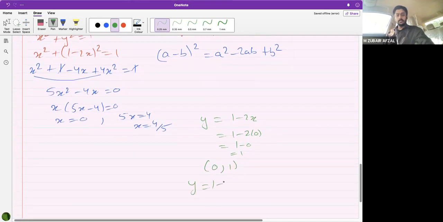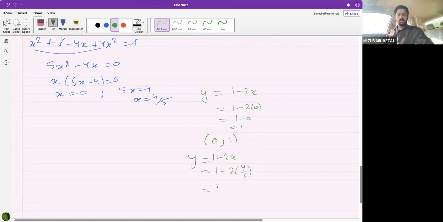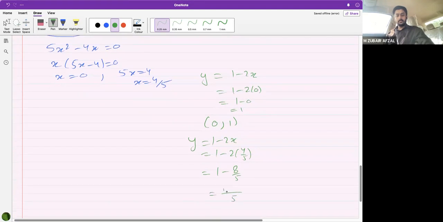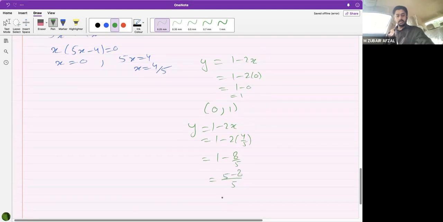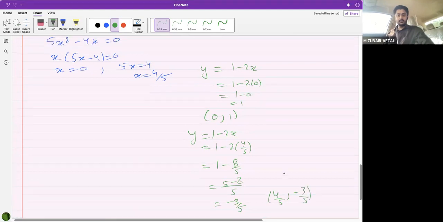Other root is 1 minus 2 into 4 by 5, which is 1 minus 8 by 5. This is minus 3 by 5. So when x is 4 by 5, y is minus 3 by 5.